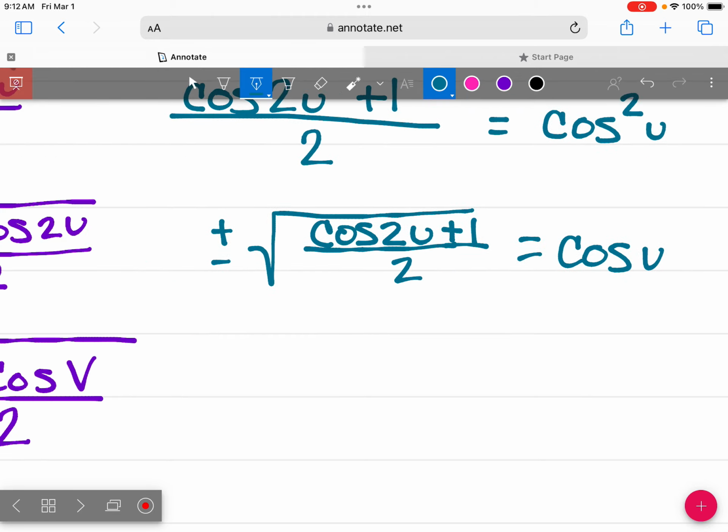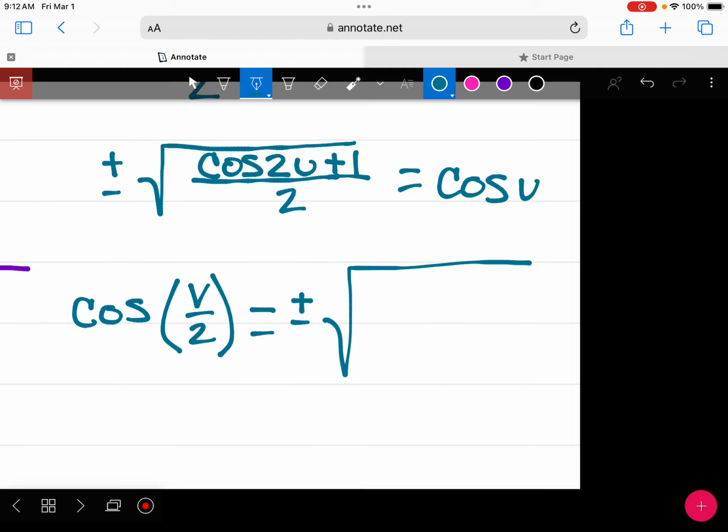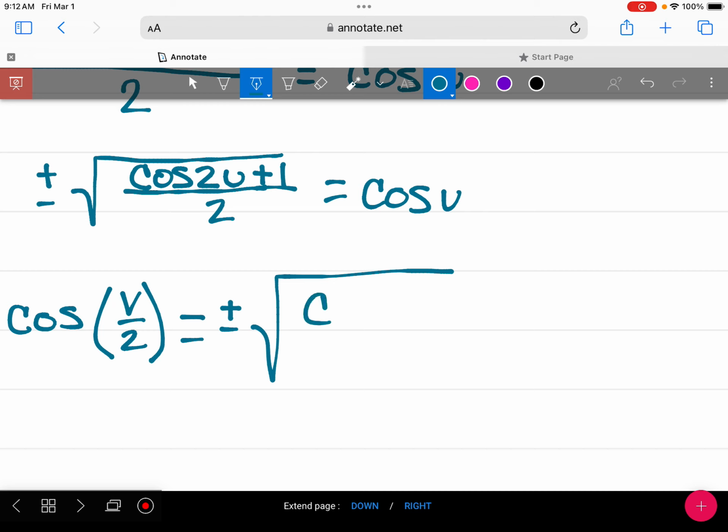So we're going to substitute our v over 2 in, and I'm going to flip-flop it now so that we have this easier to read. So cosine of v over 2 is plus or minus the square root, and we're going to have the 2 canceling out again. So we're going to have cosine 2 times v over 2, that's just v, plus 1 over 2.